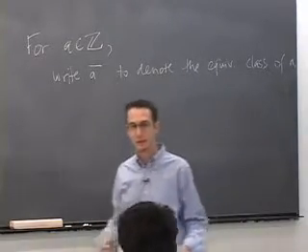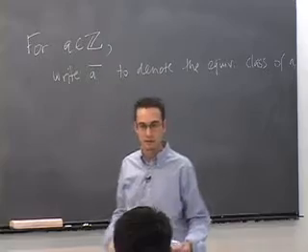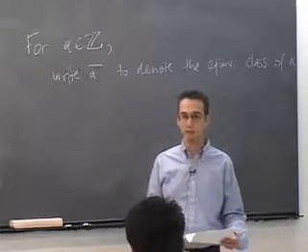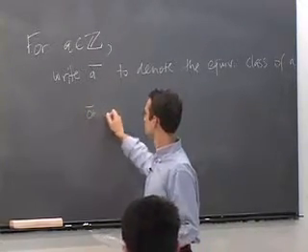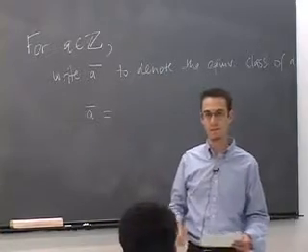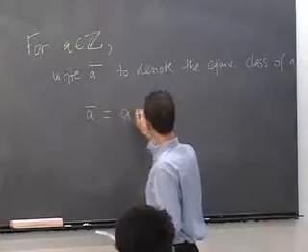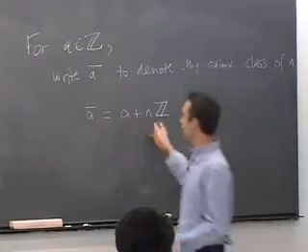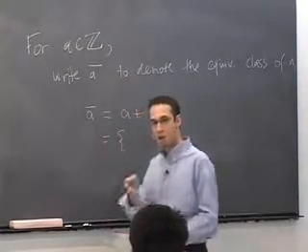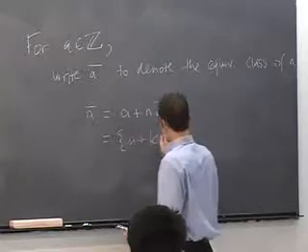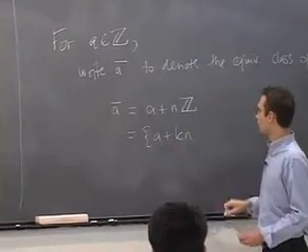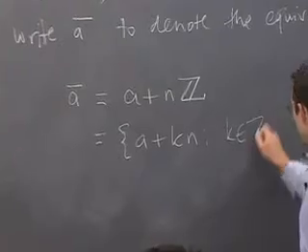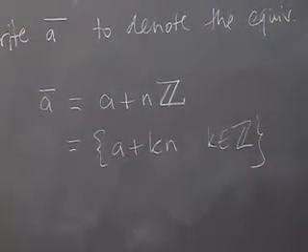Yes, it's a set of all numbers. We call nZ, where Z, plus a. Exactly. a bar looks like a plus nZ, or, as you put it, all things of the form a plus kn as k ranges over Z. These are the same thing.